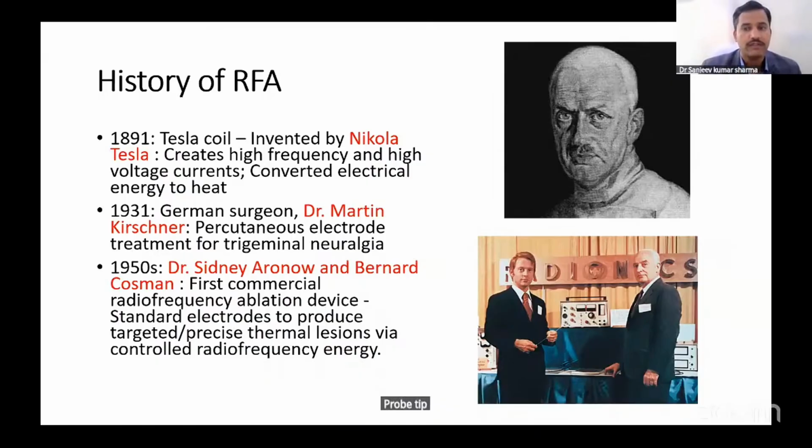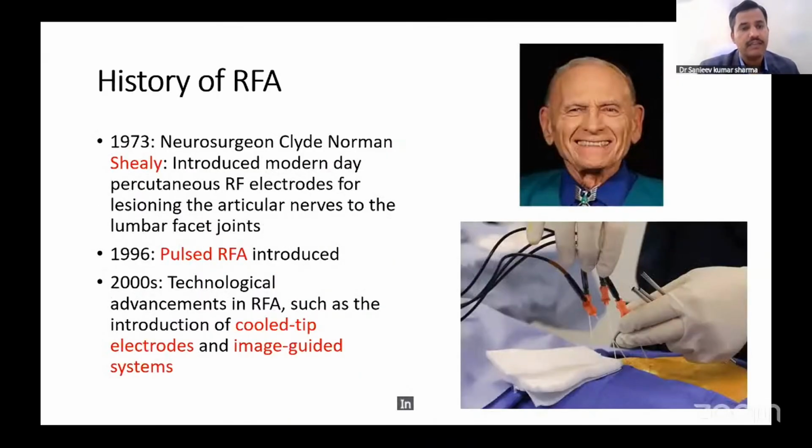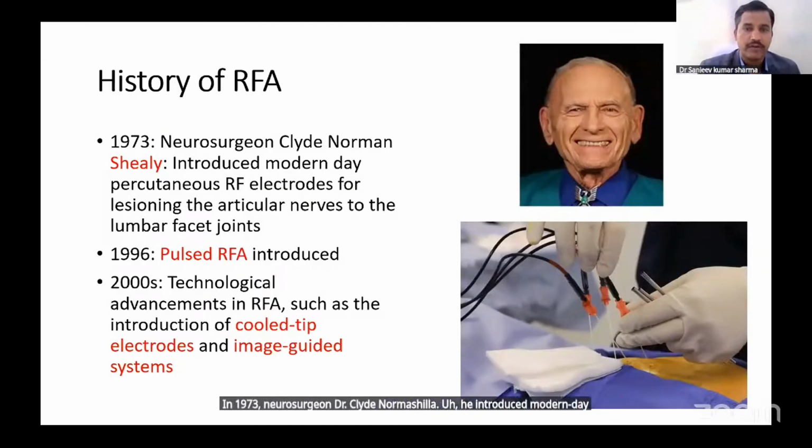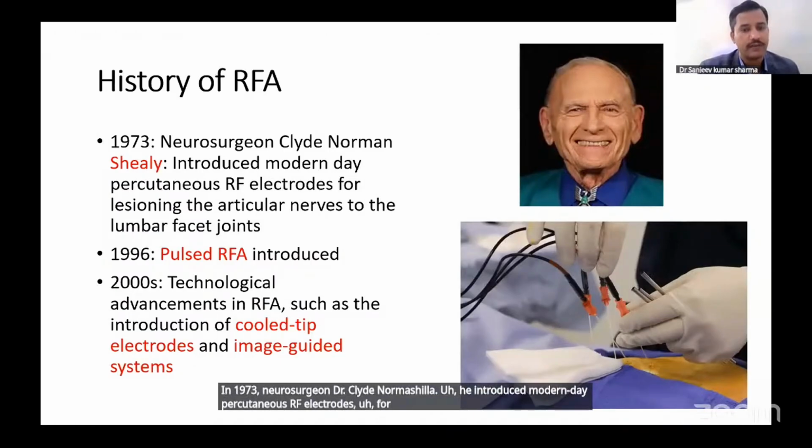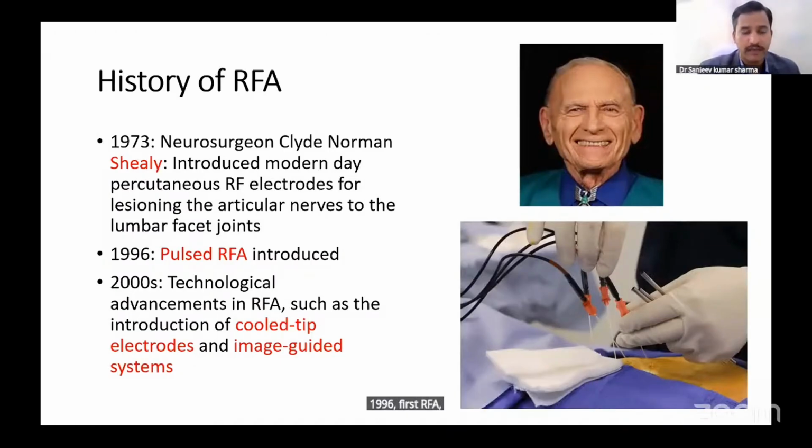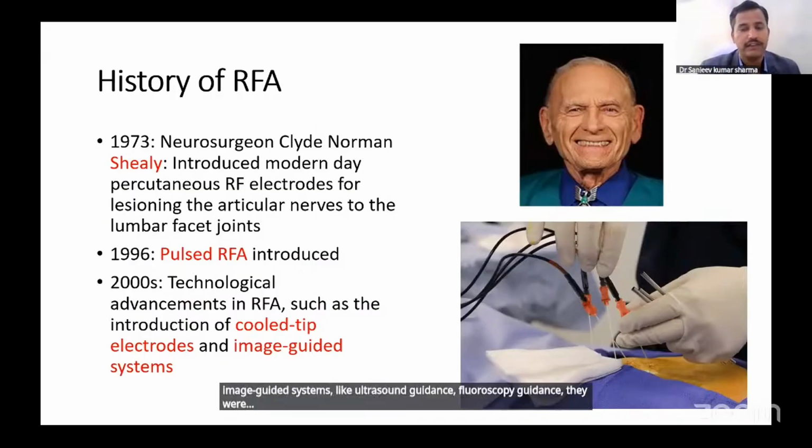In 1973, neurosurgeon Dr. C. Norman Shealy introduced modern day percutaneous RF electrodes for lesioning the articular nerves. In 1996, pulsed RFA, a new type of RFA, was introduced. In 2000, cooled RFA and image guided systems like ultrasound guidance and fluoroscopy guidance were introduced.